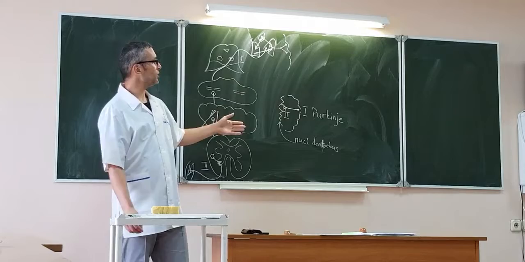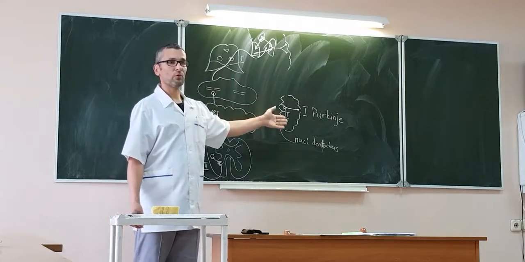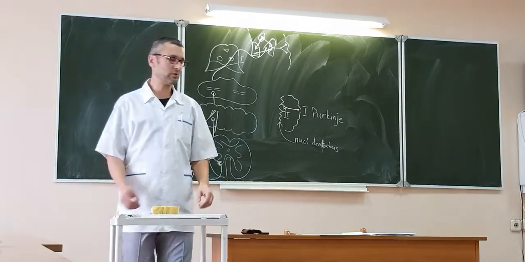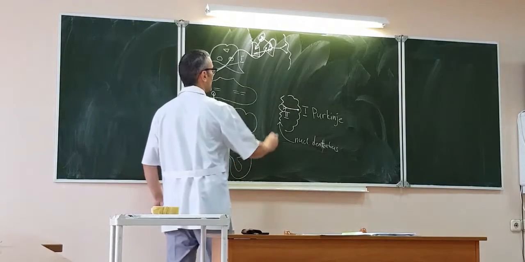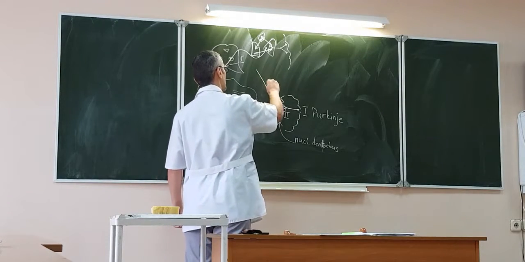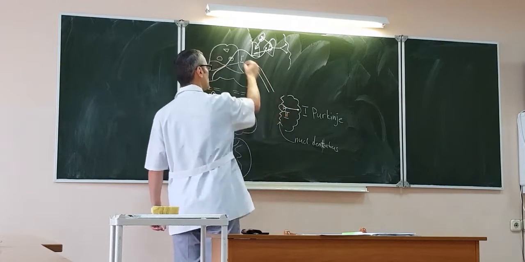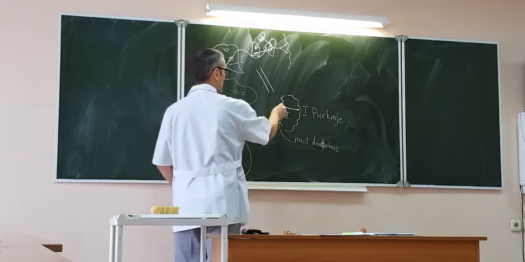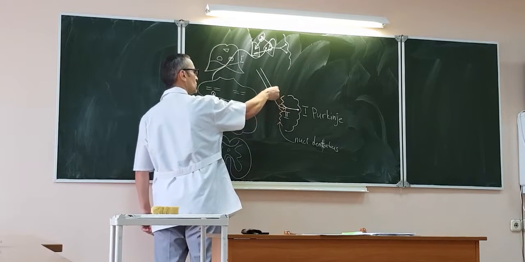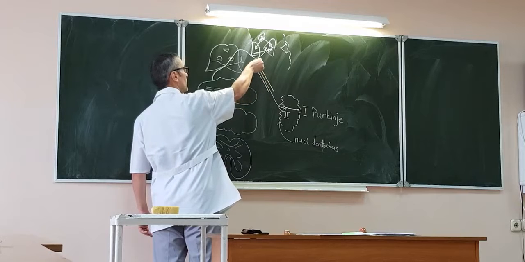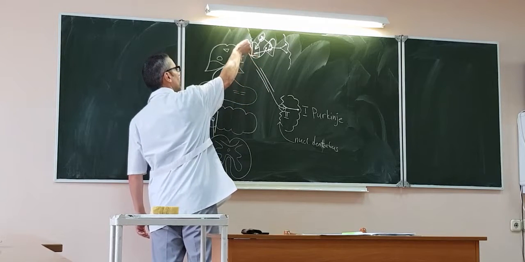So, how can I reach the midbrain from the cerebellum? Superior cerebellar peduncle. That's why now you have to draw the superior cerebellar peduncle, which goes to the midbrain, and this tract, after interruption, goes through it. It ascends, and look, very interesting.